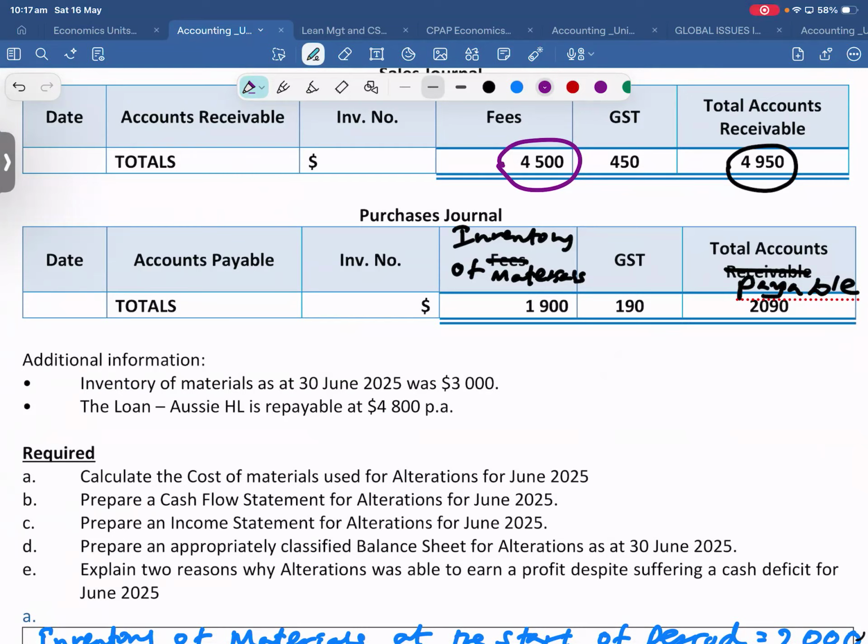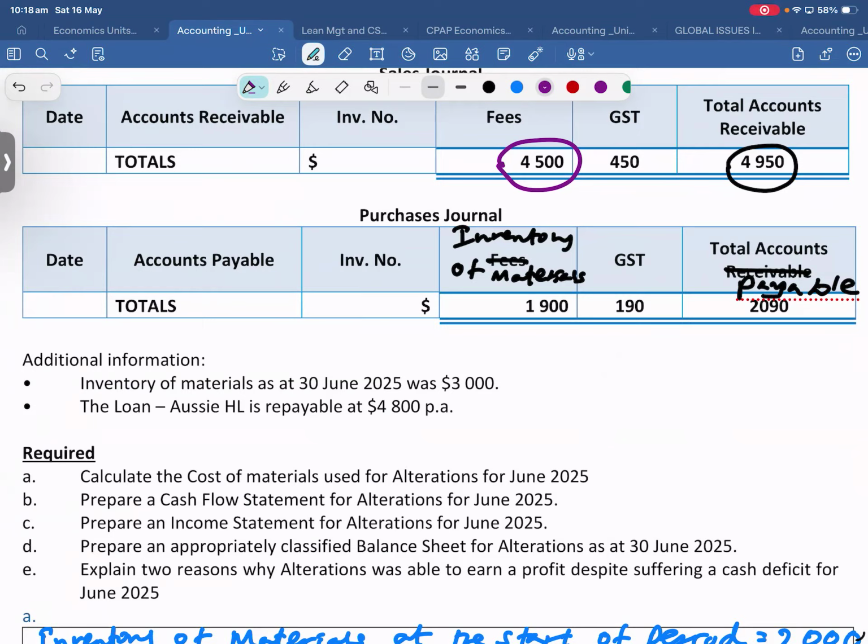Yes, so that we already did 400. Any other benefit of saying that? If it is annually, we are paying 4,800. What does that indicate to you? A fixed amount.